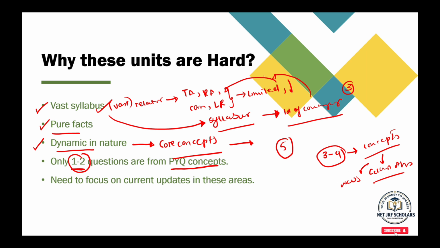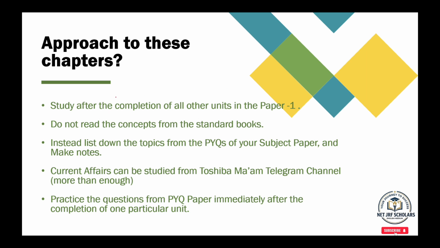So it is really hard to find sources to prepare for these 3 units, but I'm here to give you an authentic and tested approach. You should study these chapters after completing all the other units in UGC NET paper 1.